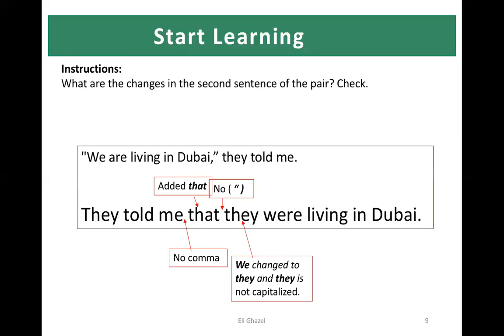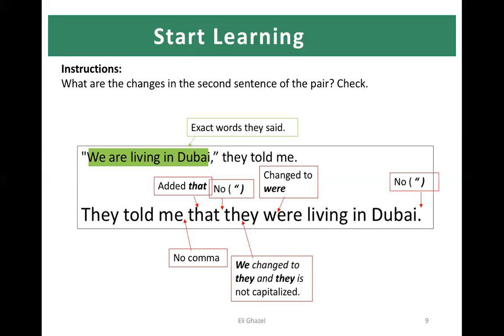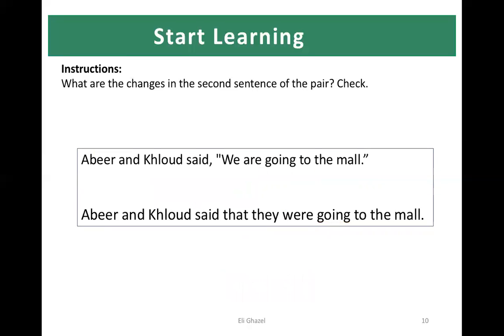We changed we to they; we said, we are living in Dubai, and it's been changed to they, and are has been changed to were. There are no quotation marks. So the exact words were, we are living in Dubai, and the reported ones are that they were living in Dubai. Let's look at one more.